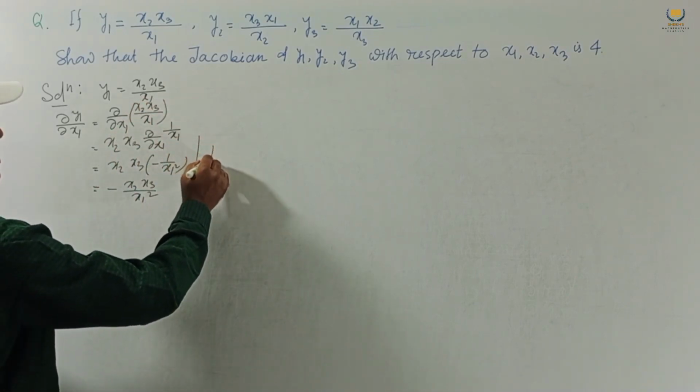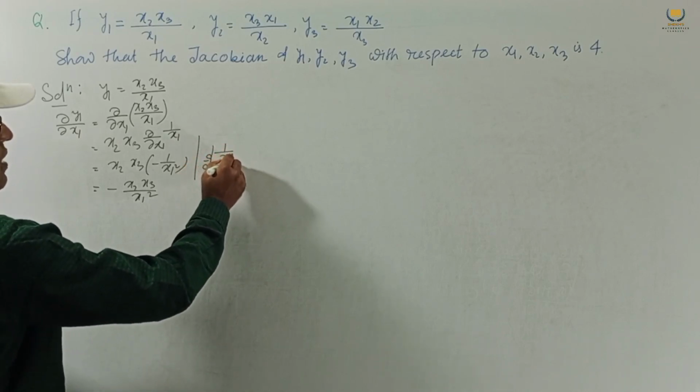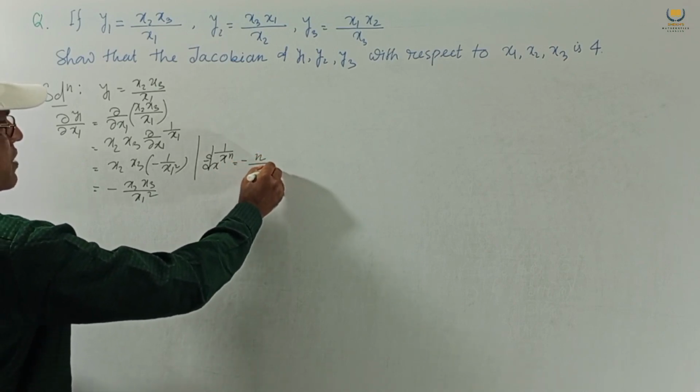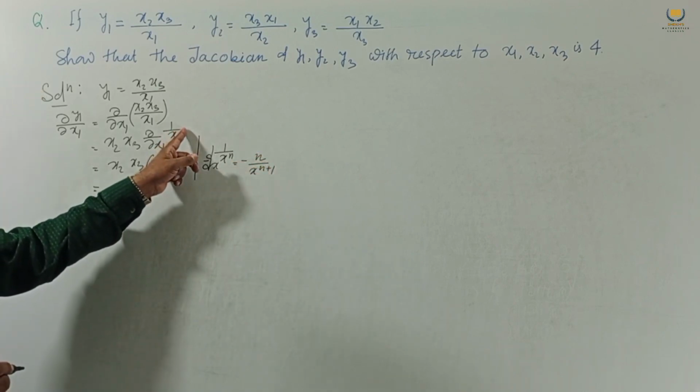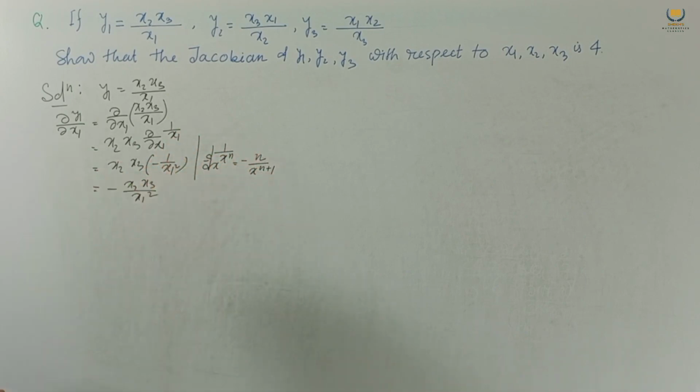Why do we get this result? Because we know the formula d by dx of 1 by x to the power n is minus n by x to the power n plus 1. Here the power is 1, so minus 1 by x to the power 1 plus 1, that is 2.